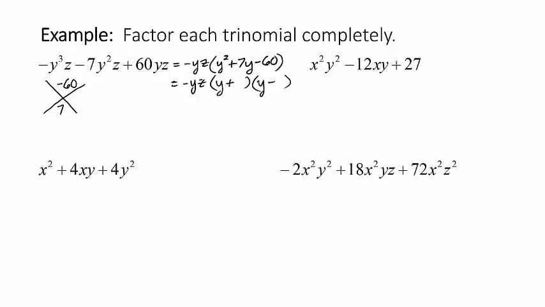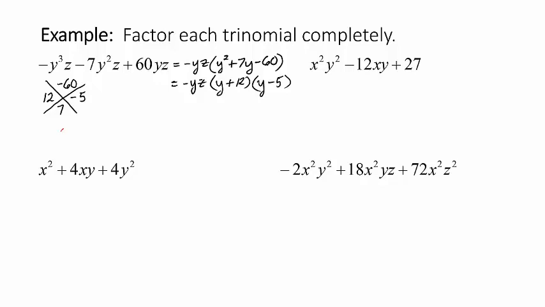So let's think about factors of 60. 1 and 60, 2 and 30, 3 and 20, 4 and 15, and 5 times 12. Well, the difference of 5 and 12 is 7. So if I have positive 12 and negative 5, 12 minus 5 would give me positive 7, right? So I'll have y plus 12 and y minus 5 as factors.